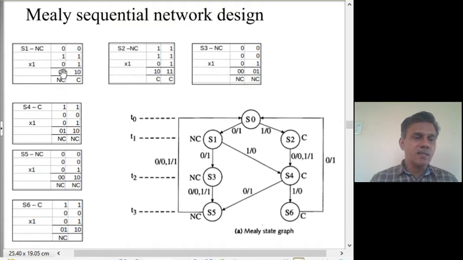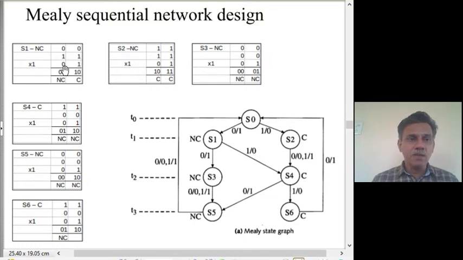So in this case, the sum is 1 and carry is 0. Therefore, if this occurs, we have to go to a state where there is no carry. So we denote it as S3 and indicate that there is no carry. How do we label the transition?